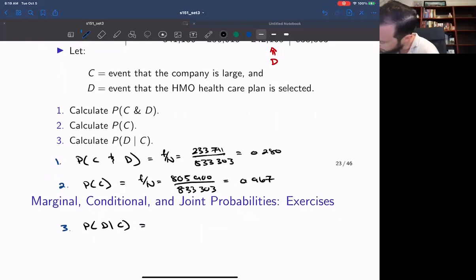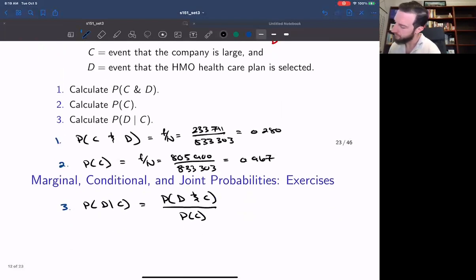All right, so this is going to be the probability of D intersects C divided by the probability of C. From our previous work, this is going to be 0.280 divided by 0.967, which is 0.29.